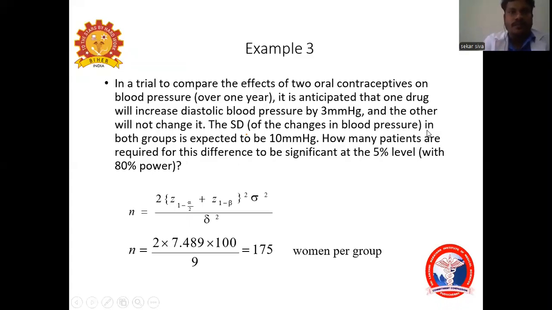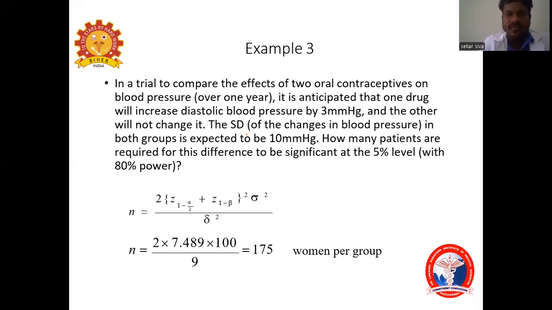So, example 3. In a trial to compare the effects of two oral contraceptives on blood pressure over 1 year, it is anticipated that one drug will increase diastolic blood pressure by 3 mmHg and the other will not change it.